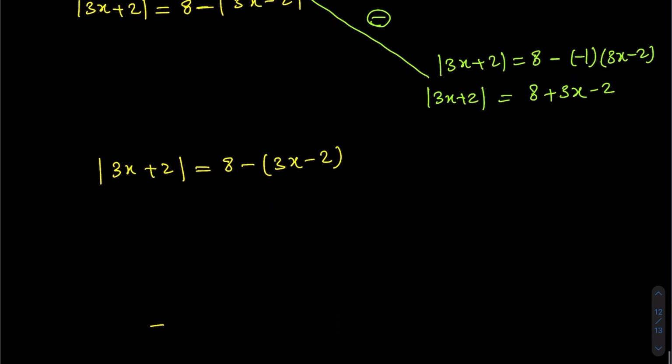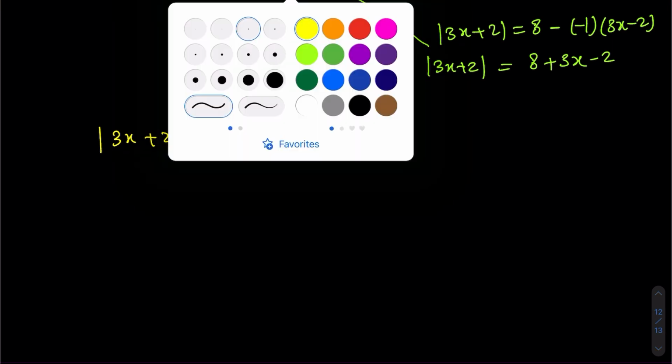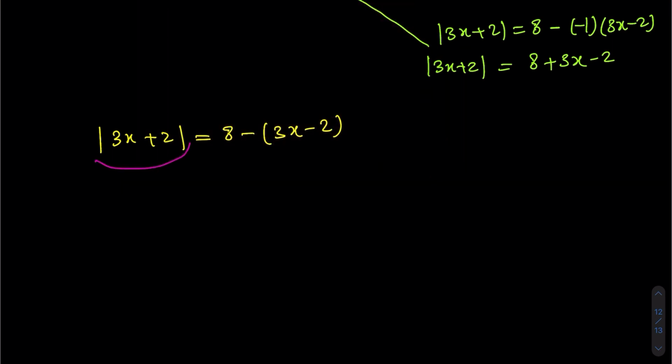And now, in order to solve this equation, again, I will have two possible outcomes because I need to remove the absolute value of this part, and the two possible outcomes will be either positive or negative, okay?